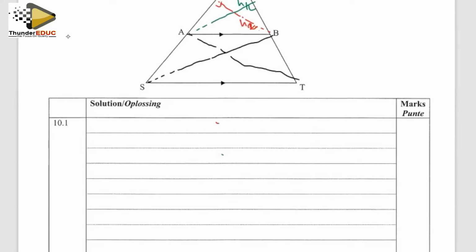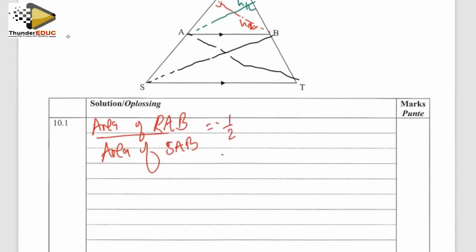Okay, so I'll start by using the areas and say that the ratio of the area of RAB over the area of SAB, RAB, SAB.